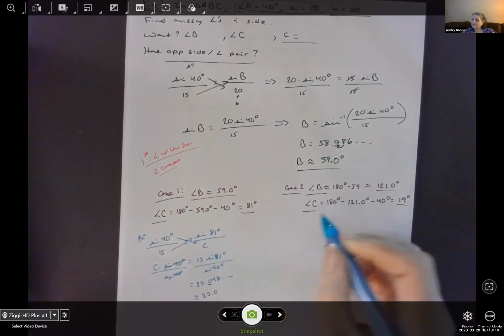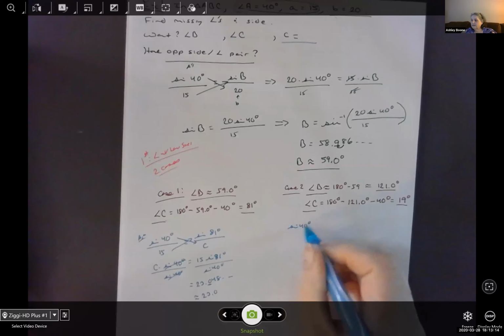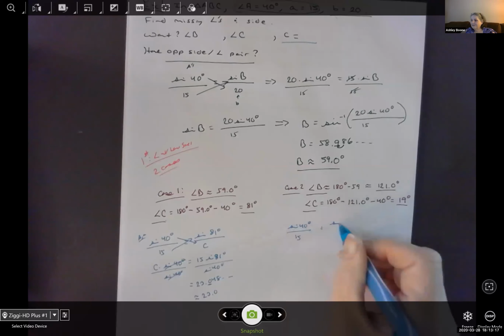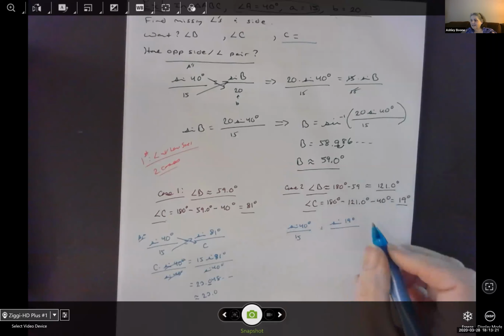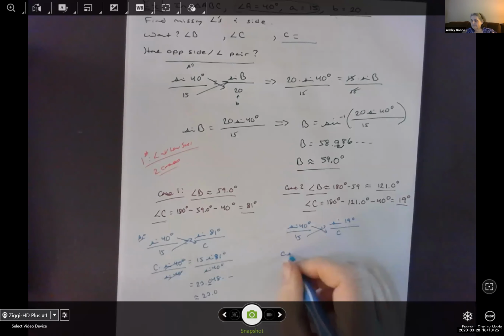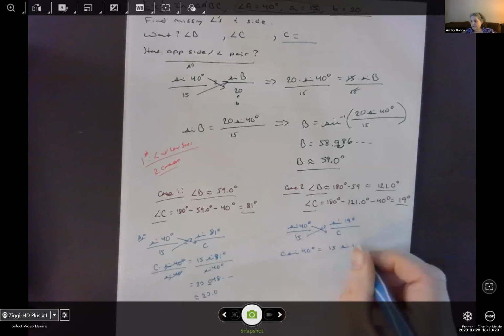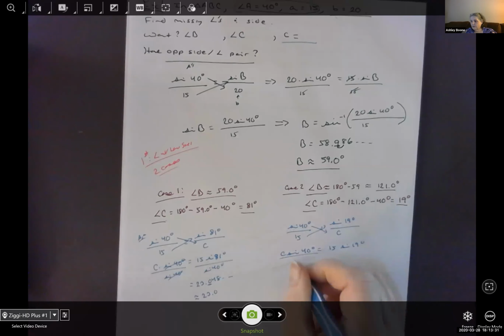Do the exact same thing over here. Sine of 40 degrees is to 15, as the sine of angle C is to side C. Cross multiply. Divide by sine of 40 degrees.